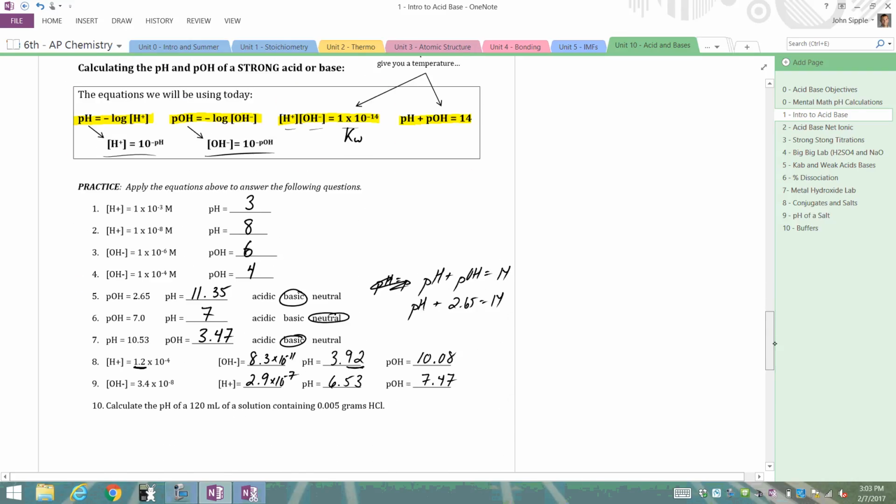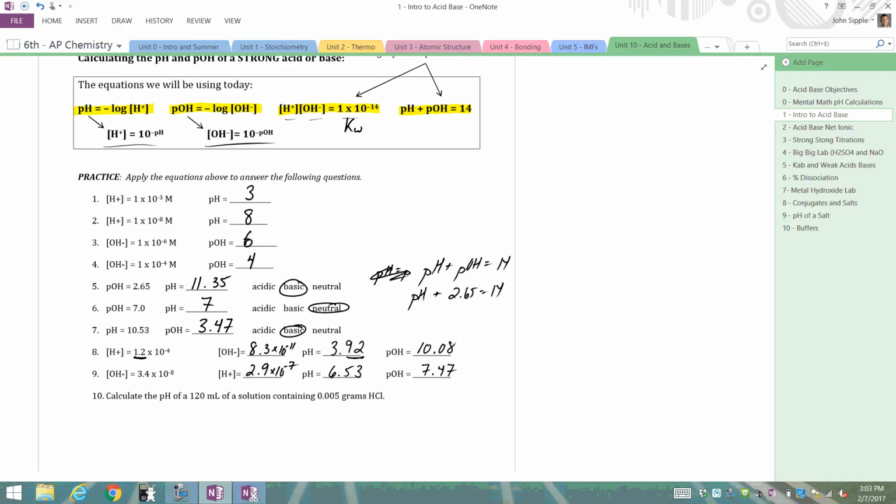All right. So, and then here, if I want to calculate the pH of a solution, notice this is a strong acid situation. So I need to have pH, which means I need to ultimately have the concentration of H plus in solution.